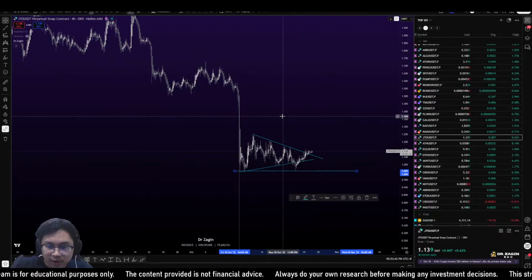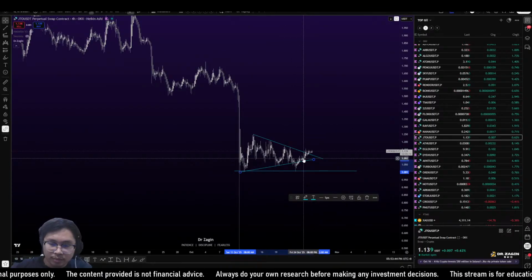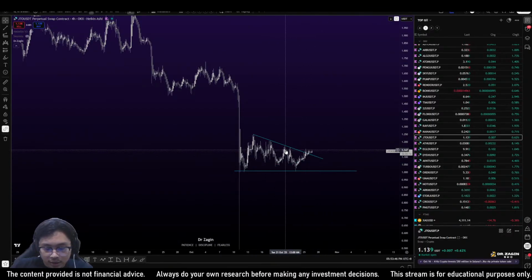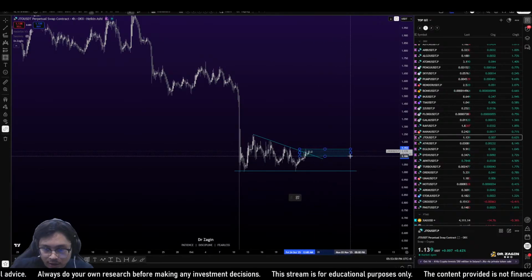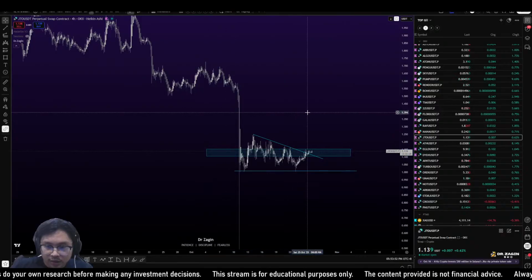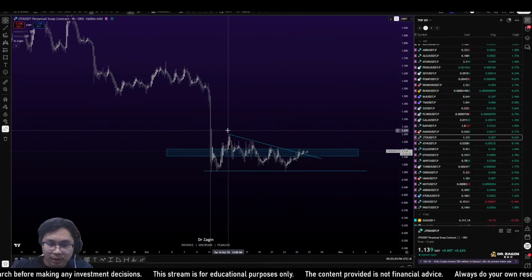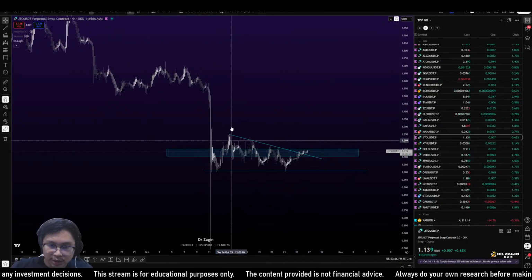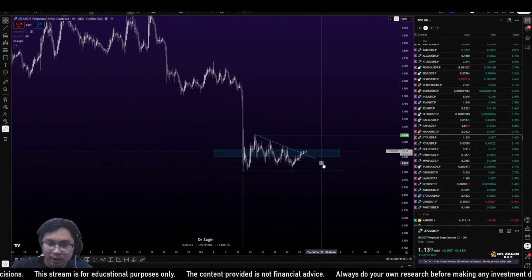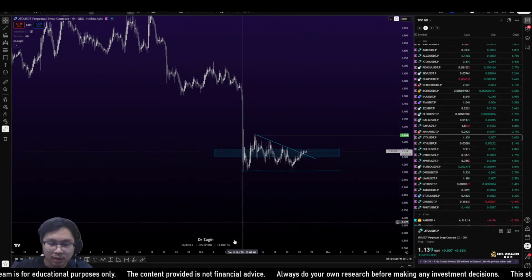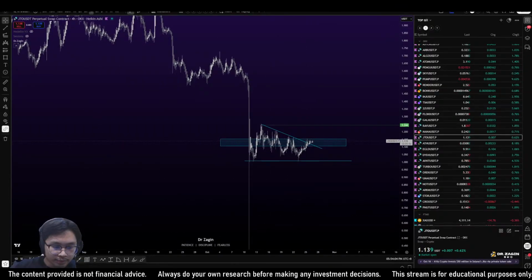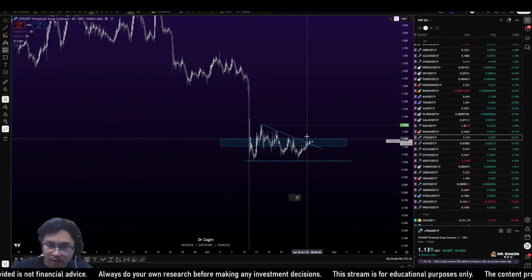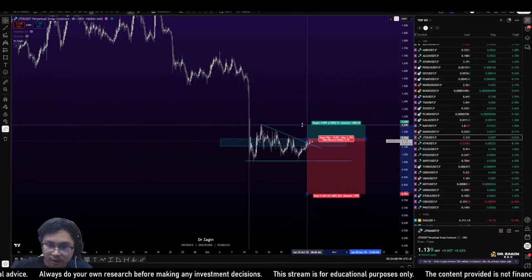Another short potential setup here. But at the moment, I'll respect this area. So if that breaks, immediate resistance, which is this. Let's just plot it, because why not?